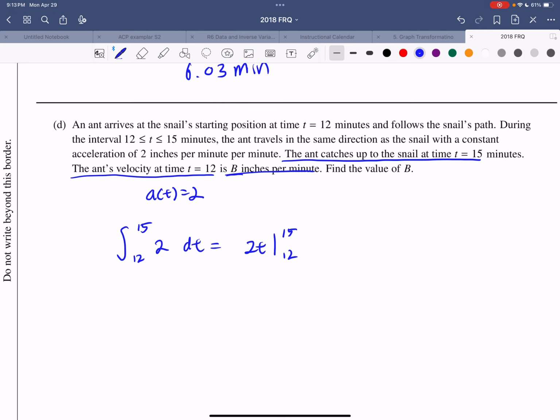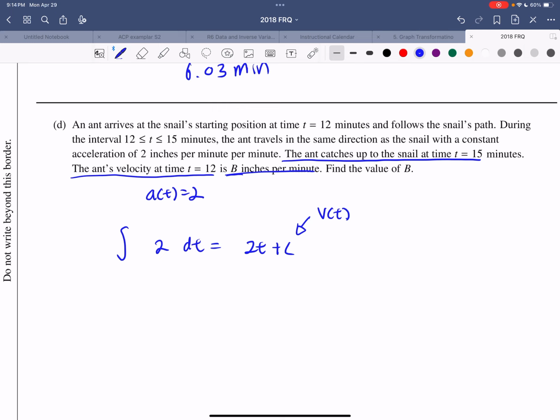The acceleration is 2, so I just have to do the antiderivative, not 15 to 12. So you get 2t plus c. Okay, so that is the velocity v of t.